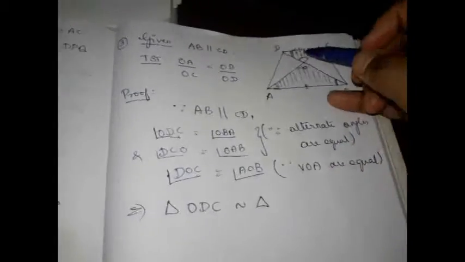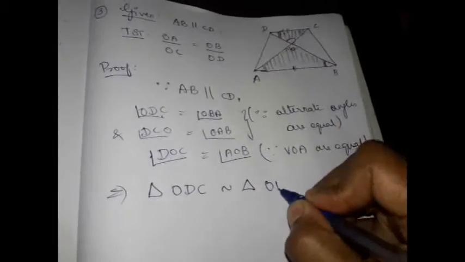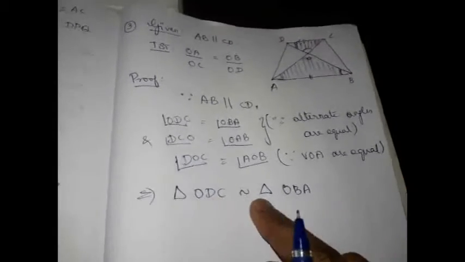So from all these three conditions, this implies triangle ODC is similar to triangle, in which correspondence? O corresponds to O only. D corresponds to which angle? Angle B. So OB. C corresponds to A. OBA. So triangle ODC is similar to triangle OBA.